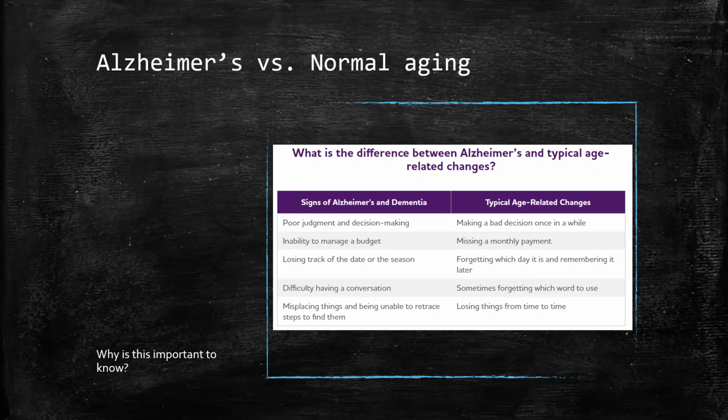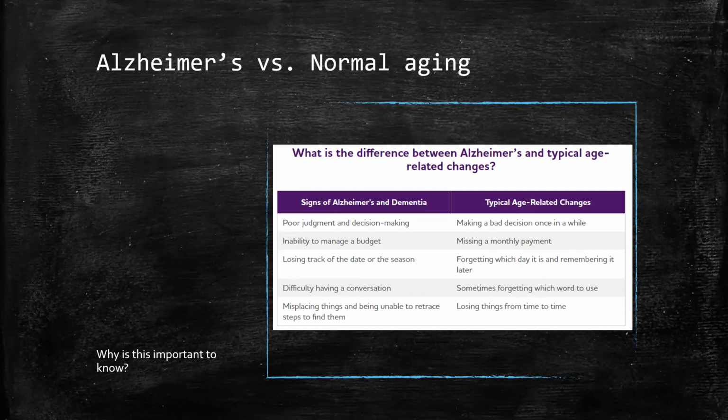What's the difference? So you can see on the left side of this table, signs of Alzheimer's and dementia. That person might have very poor judgment and decision-making. The opposite of that, someone with an age-related change that would be typical is someone that's making a bad decision once in a while. And then again, the comparison.